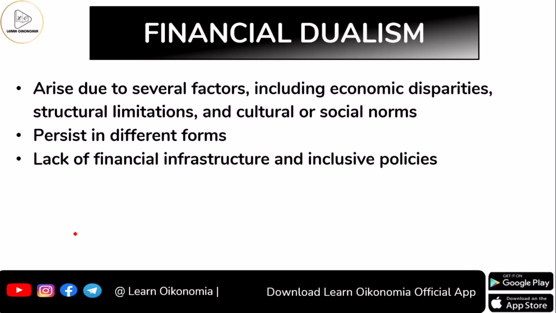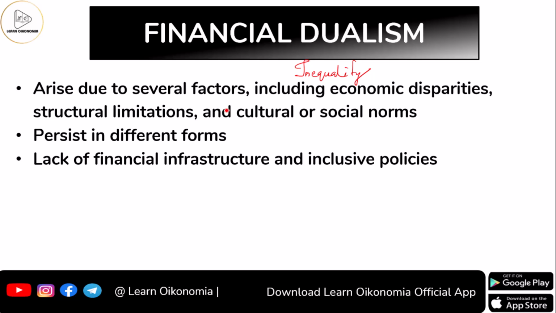Now, what I was telling here is that the informal financial sector arises due to several factors which are operating in our economy. It will be created as a result of inequality in the system. Economic disparities would be there.